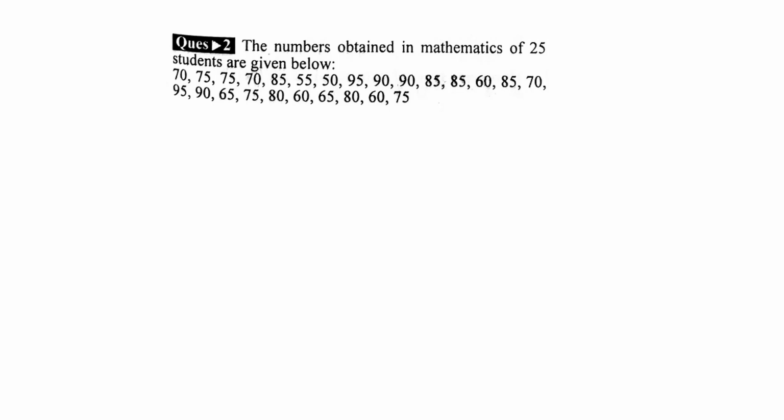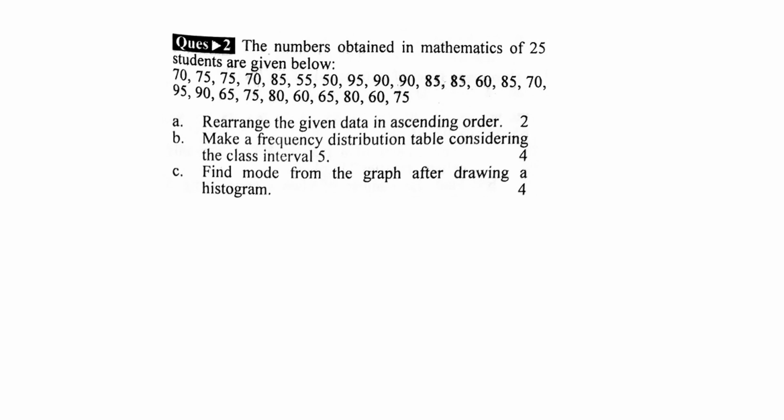These are the mathematics marks obtained by 25 students. First question: rearrange the given data in ascending order. Make a frequency distribution table considering the class interval 5. Find the mode from the graph after drawing a histogram.